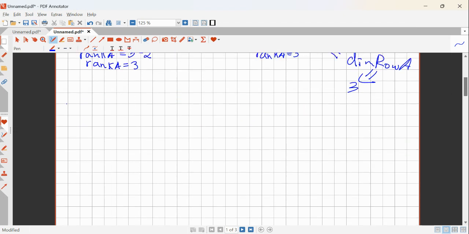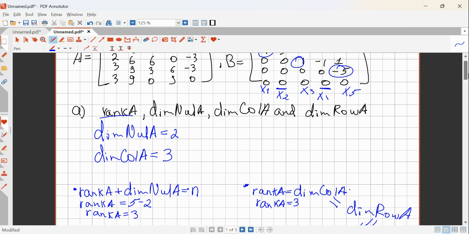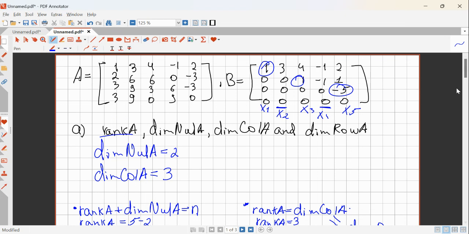Question B is to find the basis for the column space, row space, and null space. Let's start with the row space. How can we define the basis for the row space? We can use matrix B. The non-zero rows of matrix B form a basis for the row space of matrix A. So we are looking for the non-zero rows, which are R1, R2, and R3.